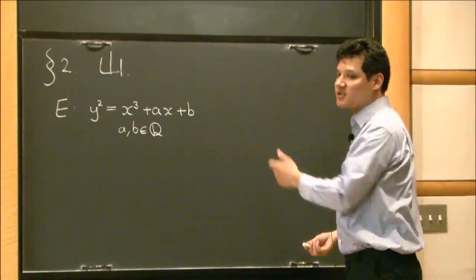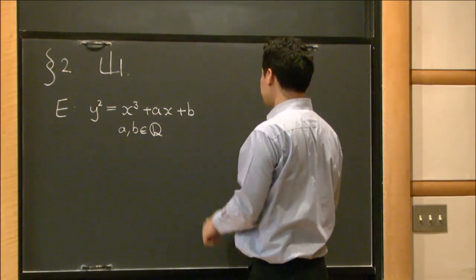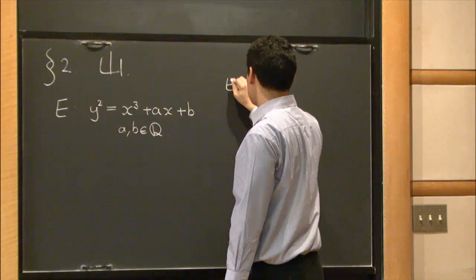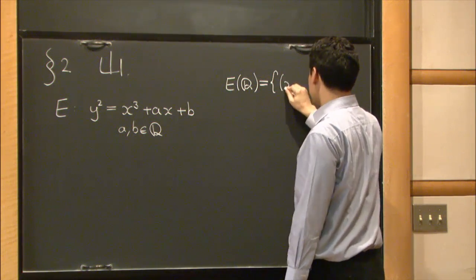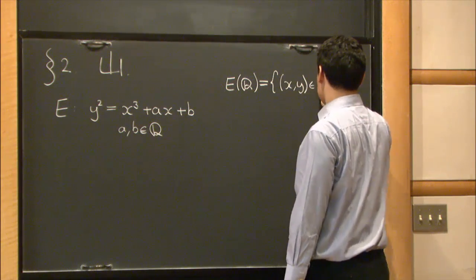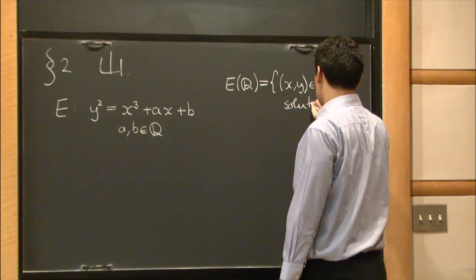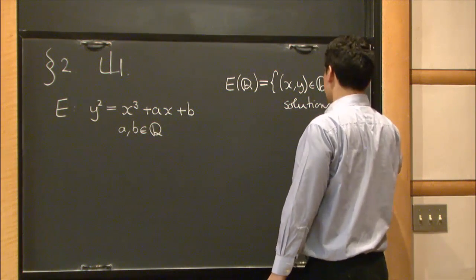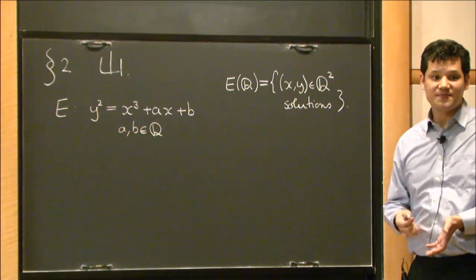Well, this thing is called an elliptic curve, and we're interested in the rational solutions E(Q), the set of all (x,y) in Q squared which are solutions. We would like to understand those, and this turns out to be very hard.